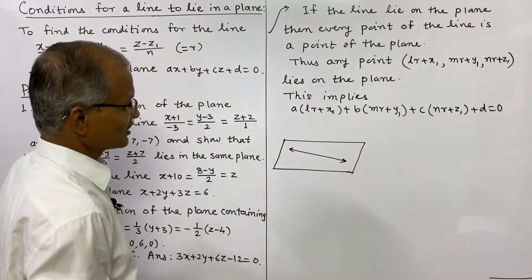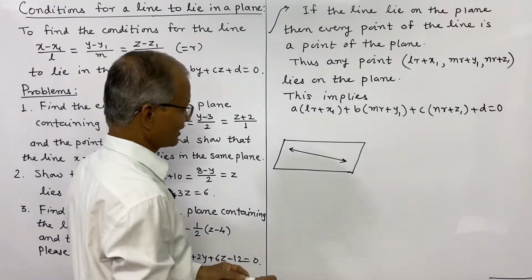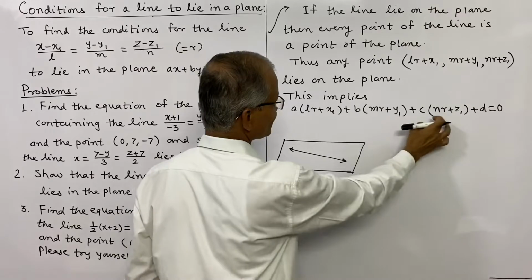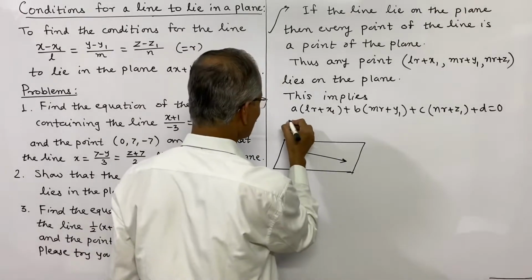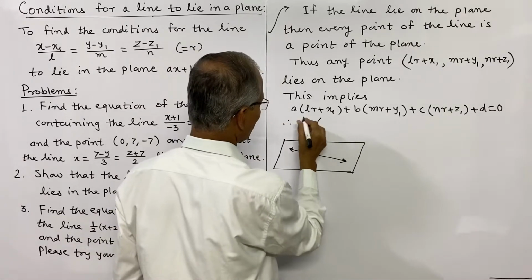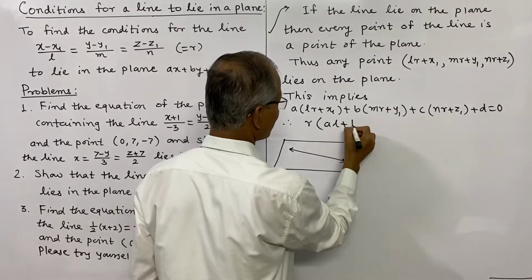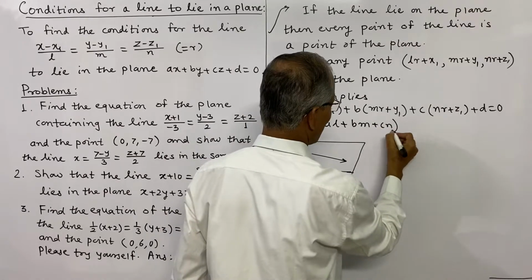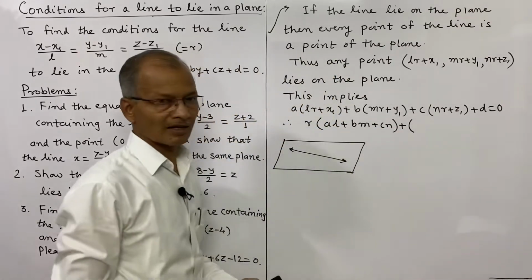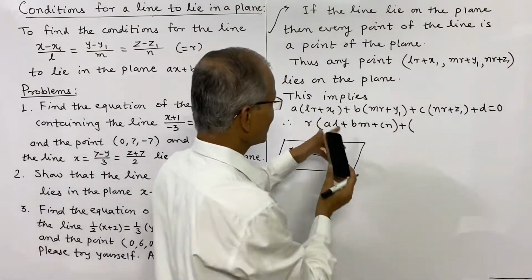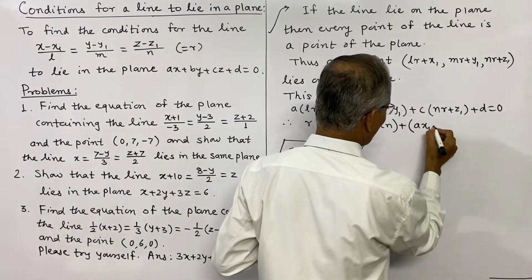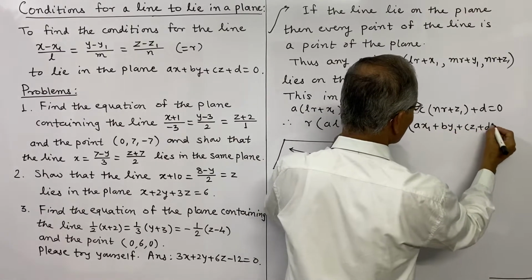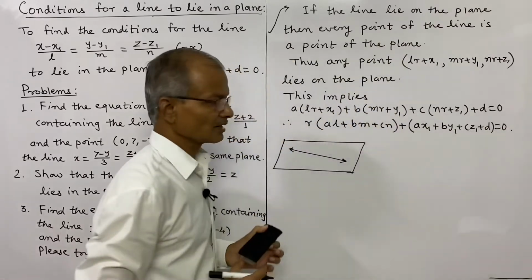Now we can simplify this. We take r common from the first terms of each bracket, and that is r into (Al plus Bm plus Cn), and the remaining terms are A x1 plus B y1 plus C z1 plus D is equal to 0. So this is the resulting equation.